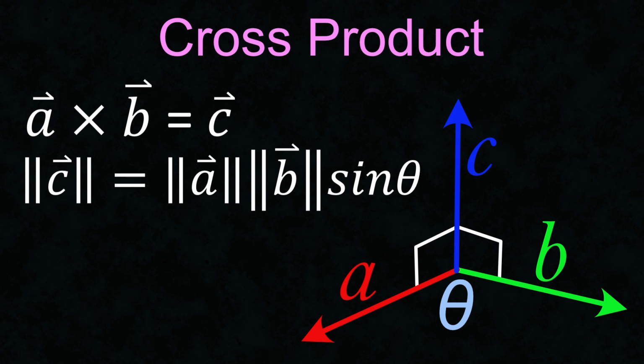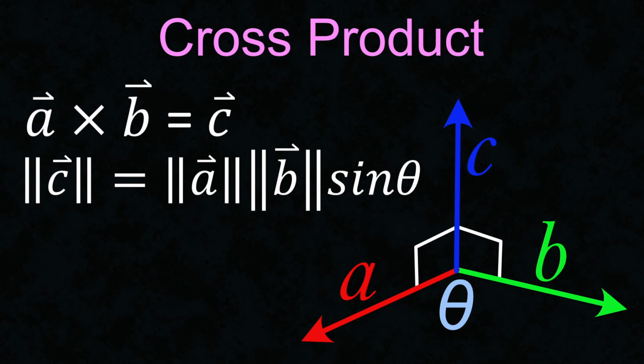Now the sine goes both positive and negative, so if the angle between them is 0, then the sine of 0 is 0, and so the magnitude of the vector will be 0. But if the angle between them is 90 degrees, then that will be at its maximum value 1, and this vector will have its magnitude equal to the magnitude of A times the magnitude of B times 1.